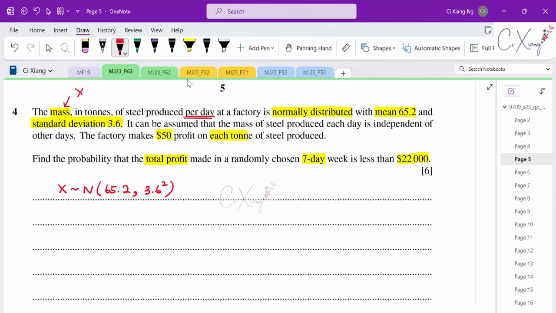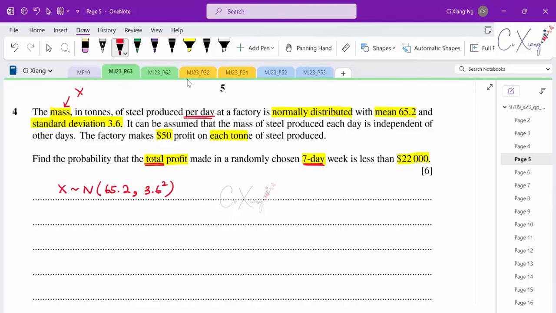Now we are interested in getting the total. They are talking about total profit, but before I can get the total profit, I should know the total mass of the steel produced in the 7 days first. Then only I proceed to the profit side. So the keyword is total steel. Now I want to know, in 7 days, what is the mean and also the variance of the mass of steel.